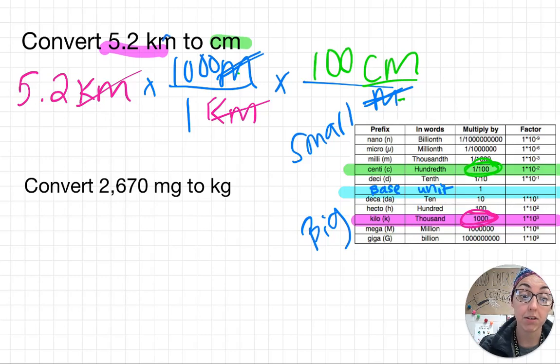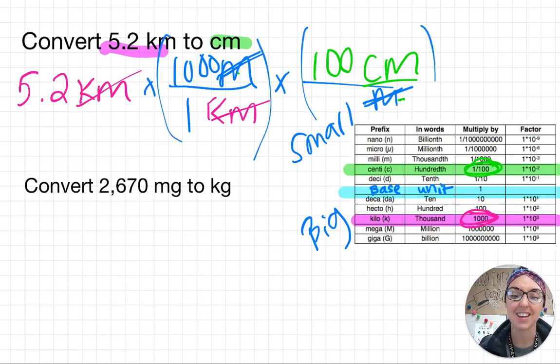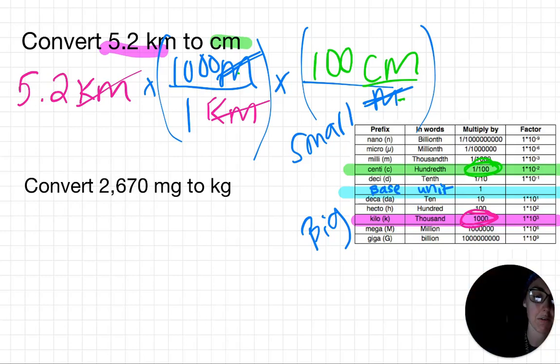And remember, when you put this in your calculator, whenever you see a fraction, just stick some parentheses in there. That's always going to make your life easier. You don't have to worry about messing anything up. So I'm doing 5.2 kilometers times 1,000. So that's going to give us 5,200 times another 100.